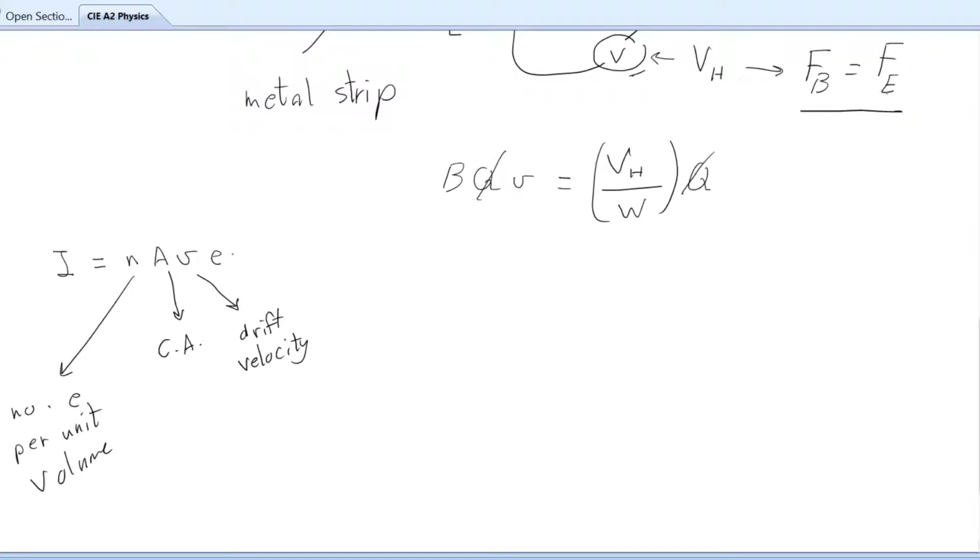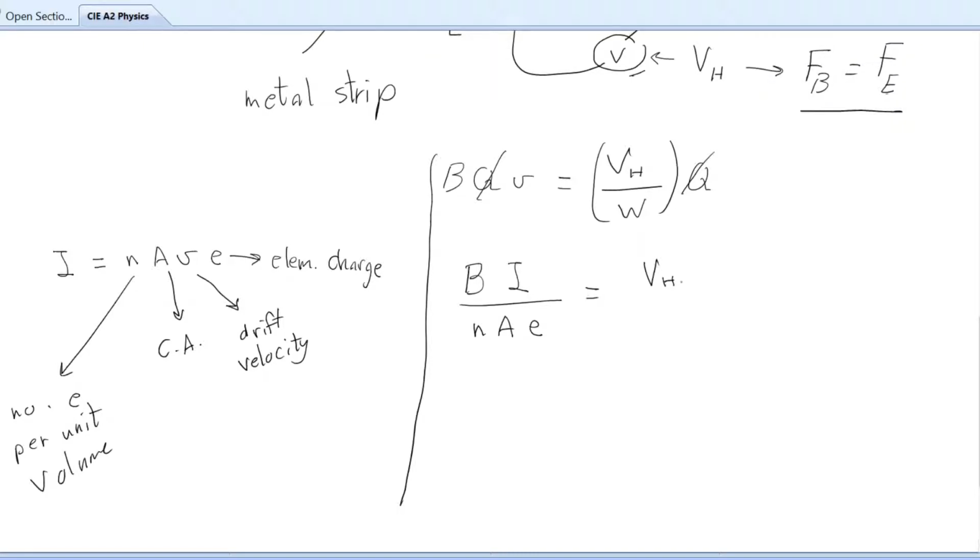And E is the charge of one electron, the elementary charge. So you can replace V here with I over NAE. So BQ multiplied by I over NAE is equal to the Hall voltage over W.